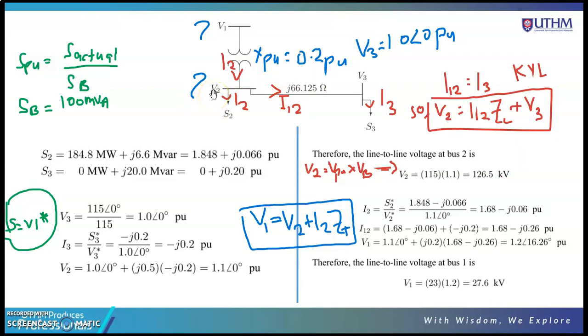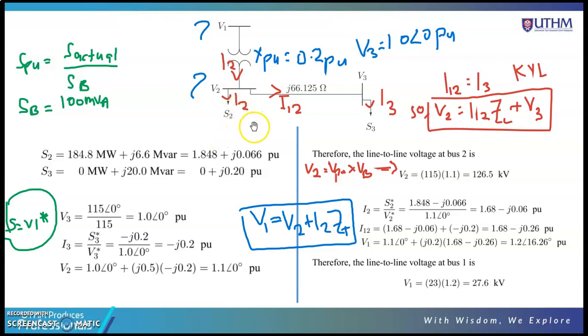Now you have calculated V2. Next, you need to determine V1. How to determine V1? You can apply Kirchhoff voltage law: V1 equals I2 times Z transformer in per unit plus V2. Now you need the information of current I2.